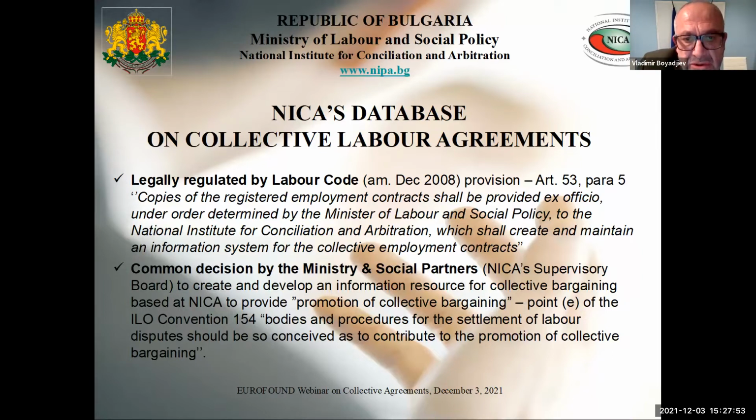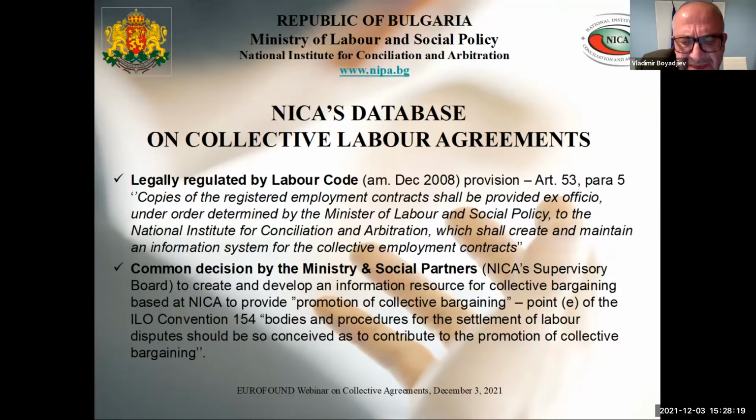NICA's database on collective labor agreements, equal to the collective bargaining agreements, is under our labor code, amended from December 2008, with a special provision that the copies of CBAs we receive from the General Labor Inspectorate.